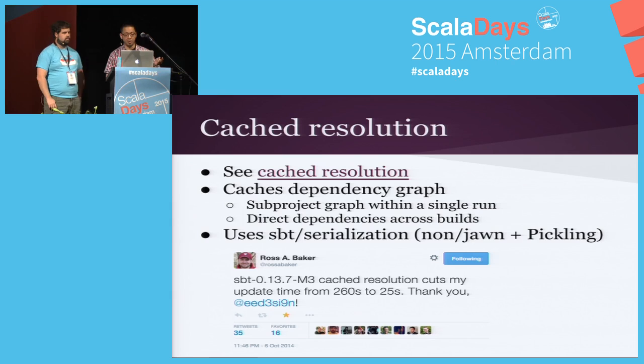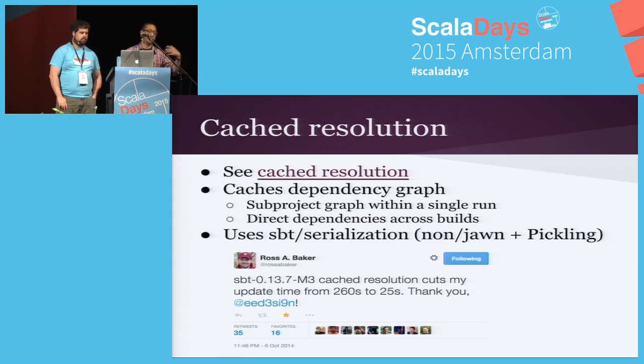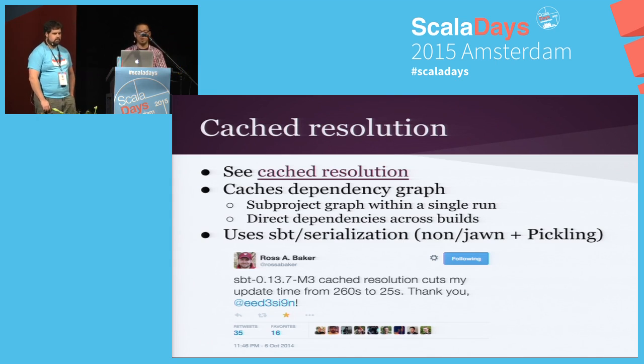So for example, when the earlier version of this came out in 0.13.7 M3, Ross said it used to take 260 seconds to update his whole build, and now it's down to 25 seconds. What we recently discovered is that even that was a little slow because 97% of the information that I was saving in the JSON was actually junk information that isn't really required.